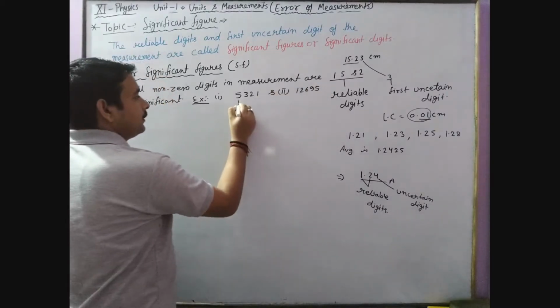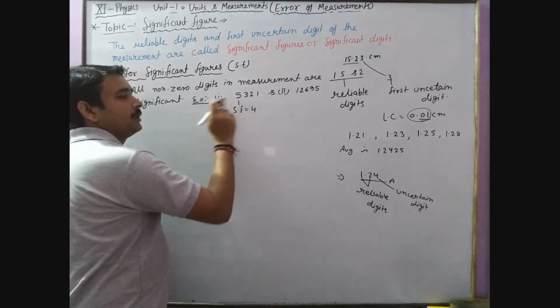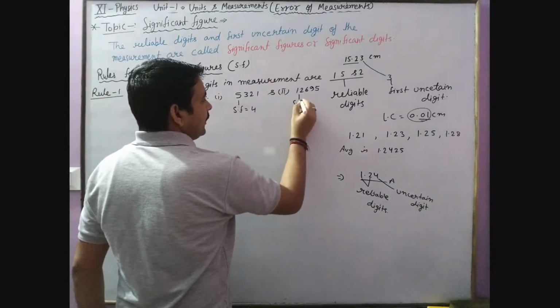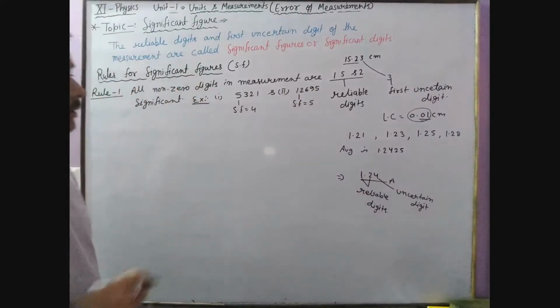So here the significant figures are 4 because there are 4 digits in the measurement, and for this the significant figures are 5 because there are 5 digits in the measurement.